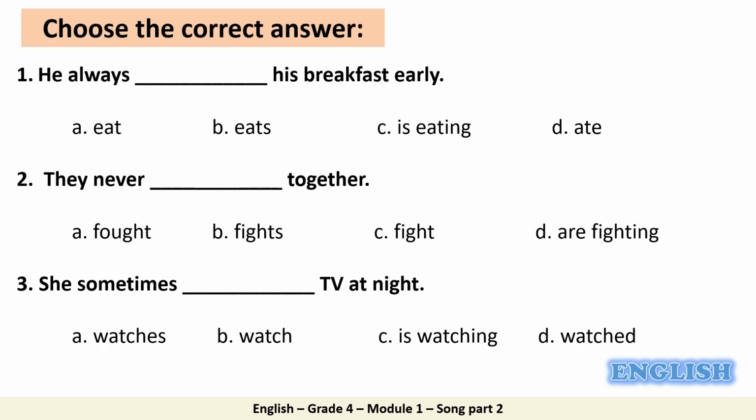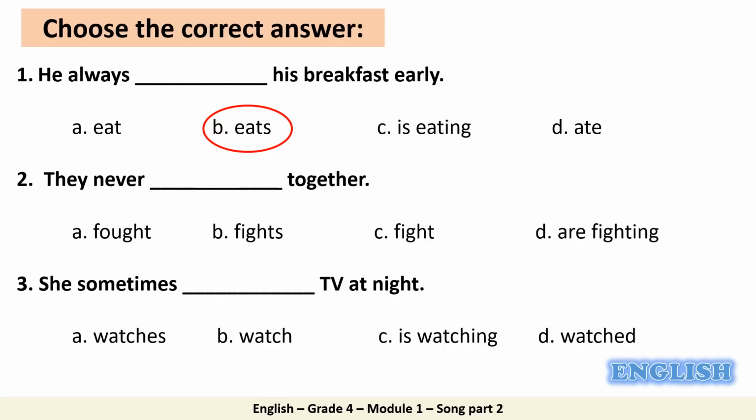Excellent. As for this exercise, you are going to read the sentences, then choose the correct answer. Number 1, he always eats his breakfast early. So, eat or eats or is eating or ate. So, which one? Eats. Excellent. Number 2, they never fight together.